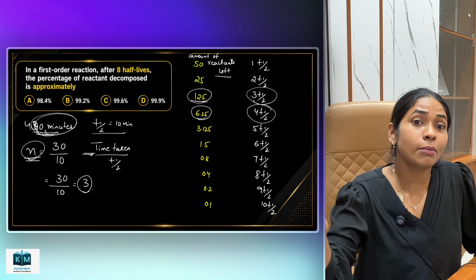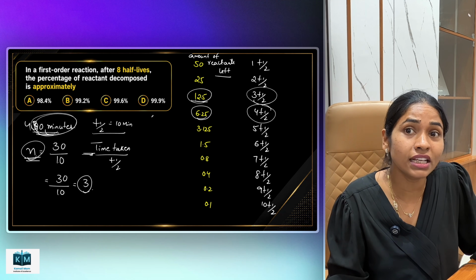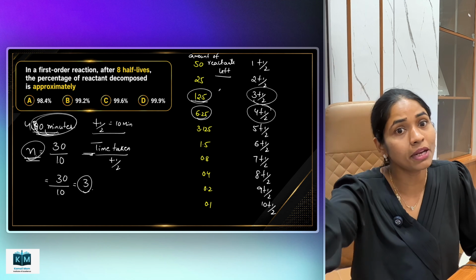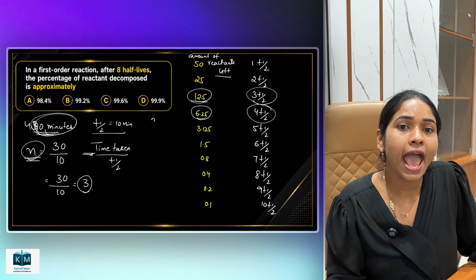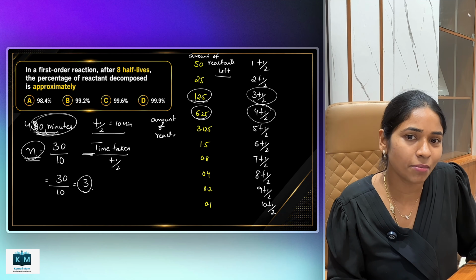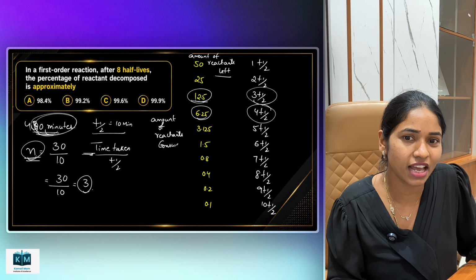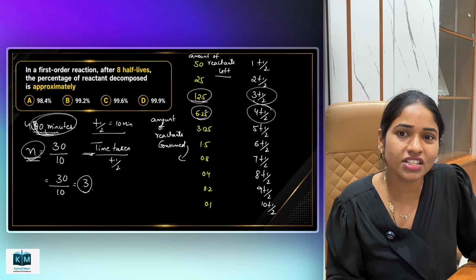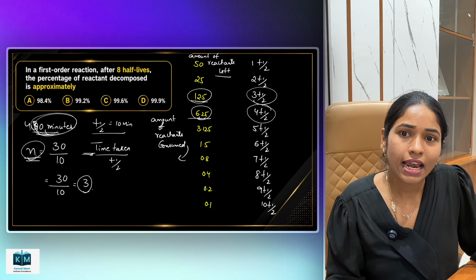So if they ask how much amount of reactants is consumed, not left. Sometimes they will ask left, sometimes the amount of reactants consumed. The trick is, this number is what is left.